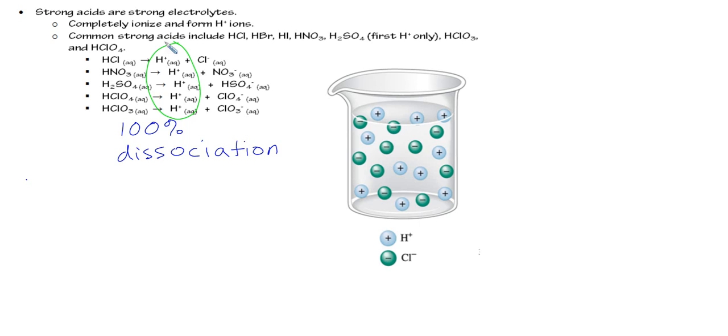And that's another thing that we'll talk about when we get into acids and bases. Sulfuric acid has 2 possible hydrogen ions, but only the first dissociates 100%. So we usually write sulfuric acid like this, 1 hydrogen, and then we'll list this hydrogen sulfate ion. Those are all good examples of strong acids.